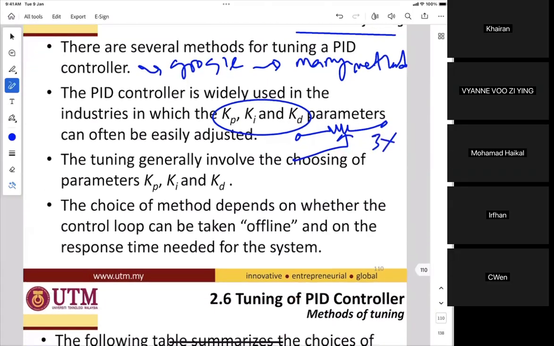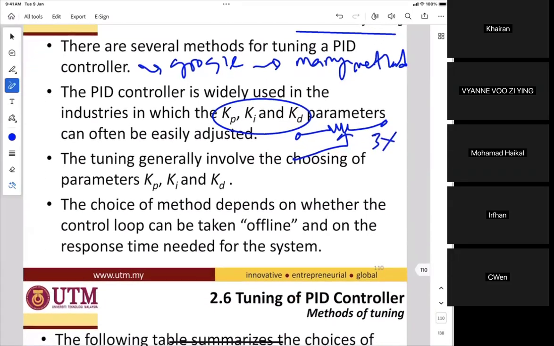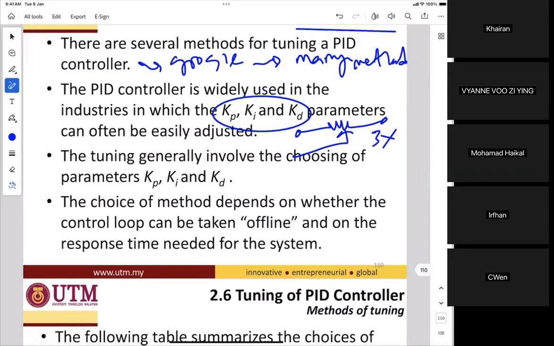Then you tune. Tuning generally involves choosing the right parameter values of Kp, Ki, and Kd, and this depends on whether the control loop can be taken offline or online, and on the response time needed of the system.